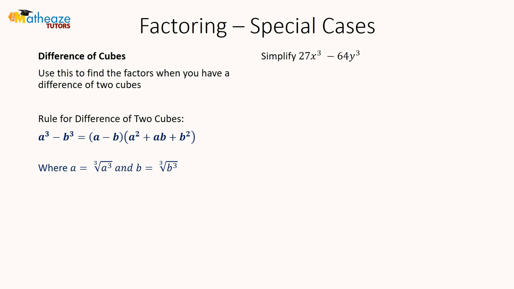The next one, let's take 27x cubed minus 64y cubed. So we take the cube root here, take the cube root here.